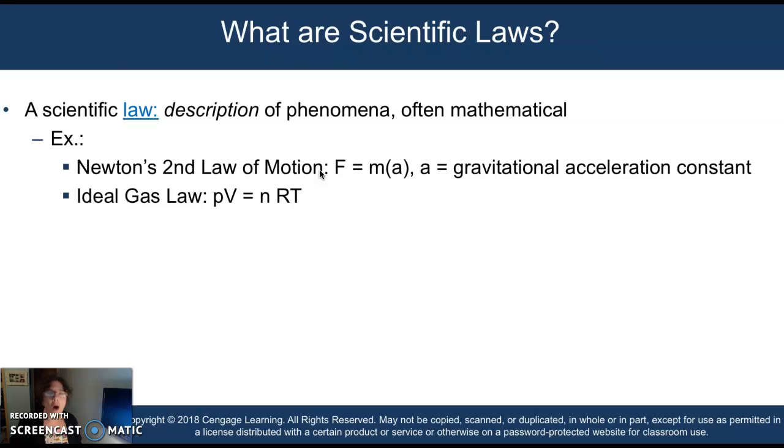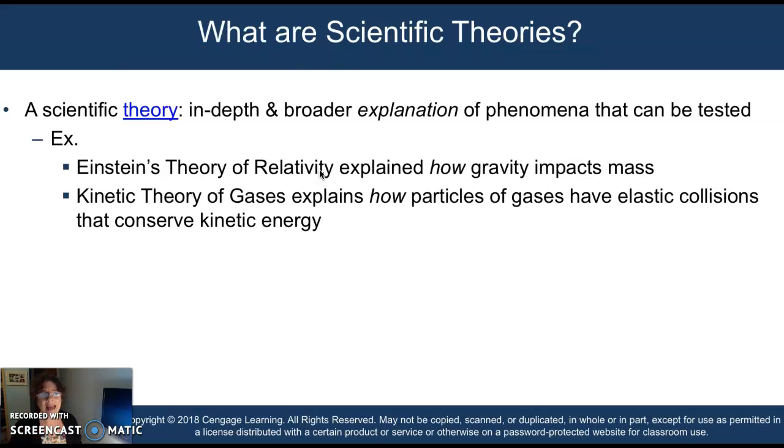So a law, a scientific law, is a mathematical representation of a phenomena. And a theory is an explanation of the phenomena instead. So Einstein's theory of relativity explained how gravity impacts mass. It didn't concentrate on the math.